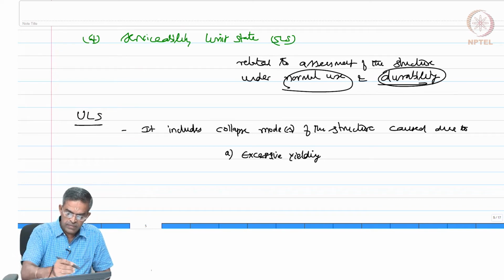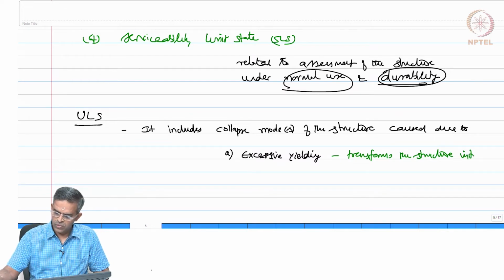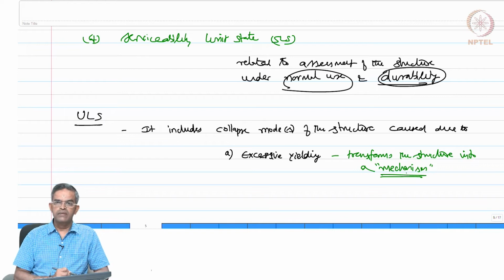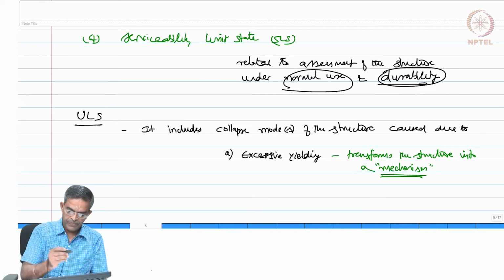Excessive yielding actually transforms the structure into a mechanism. We will address what a mechanism is slightly later in plastic design, but it transforms the given structure into a mechanism.